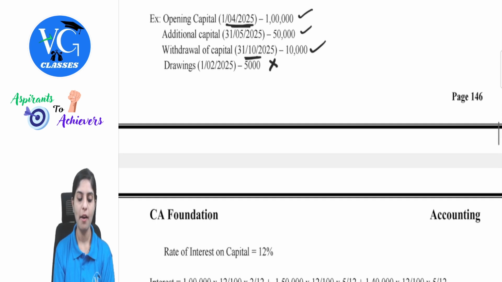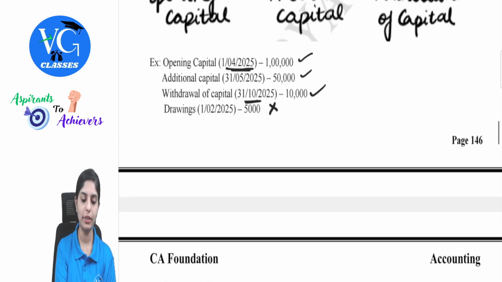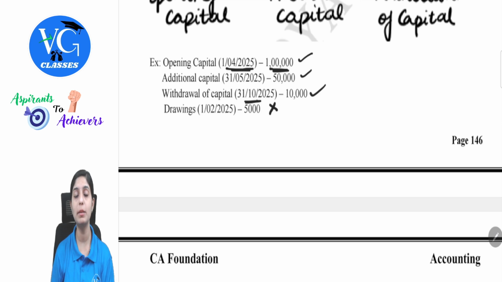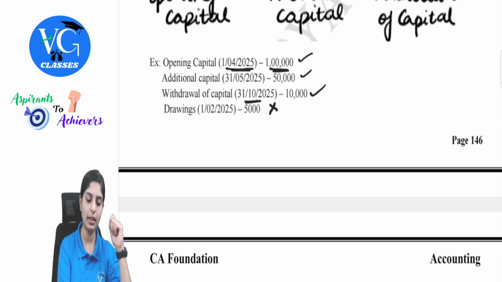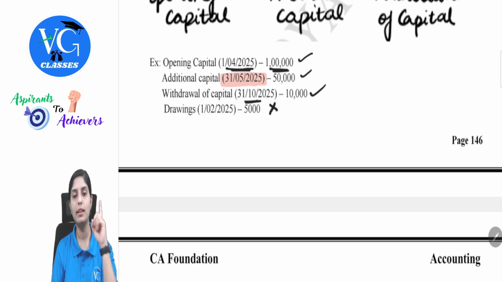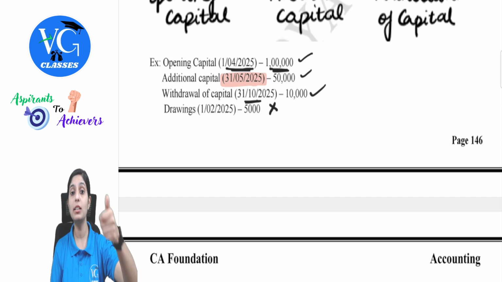See, first we will open with 1 lakh. This 1 lakh as a balance is present in the business for how many months? Next capital was introduced on which date? It was on 31st of May. That means from 1st April until 31st of May, the balance was just 1 lakh. So when the capital changes, until then the balance was 1 lakh.